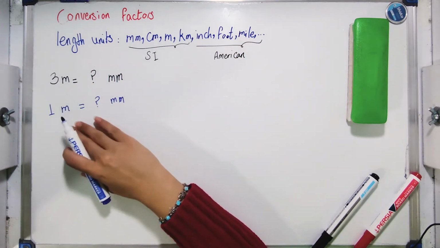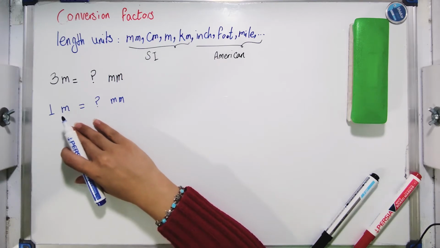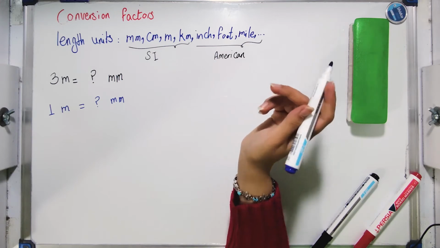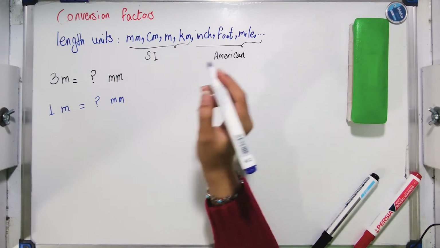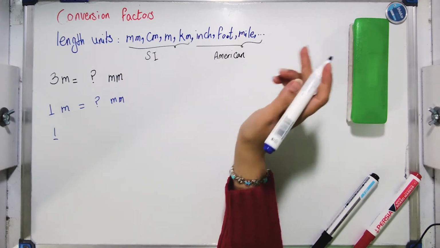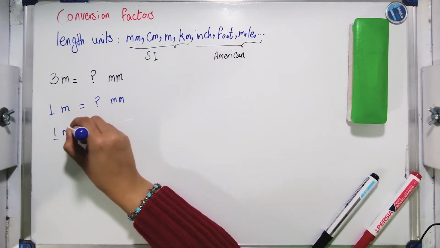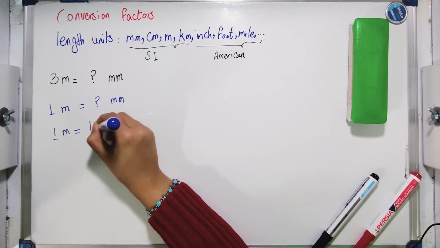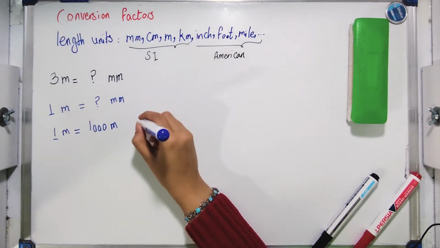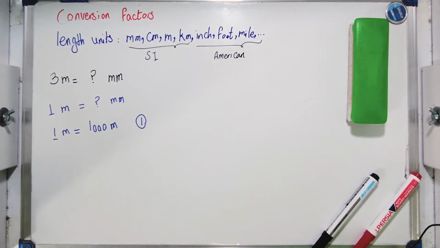First, it means that you should know your conversion factor. There are 2 ways, guys. I can say that in every meter I have 1,000 millimeters, I just memorized it. That is the teacher's point.